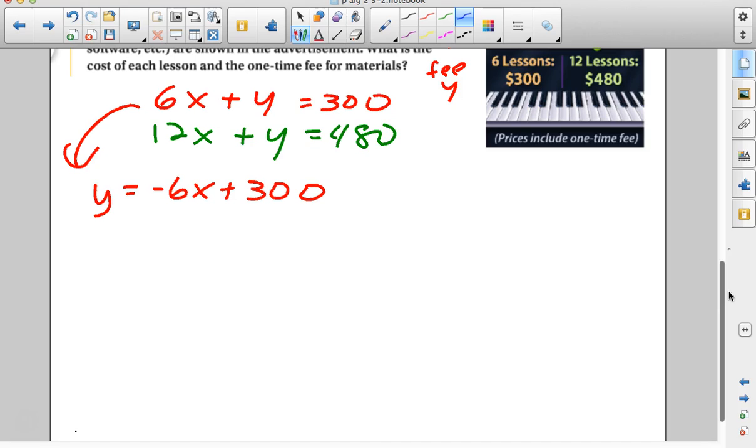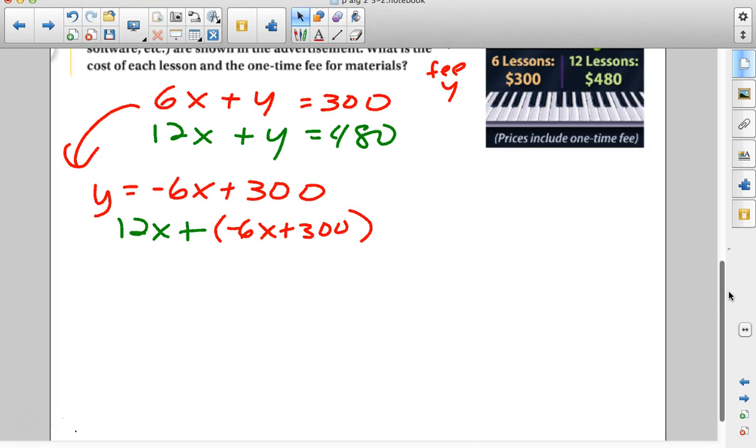Substitute into my green one there. It's good. Don't even have to distribute this time.